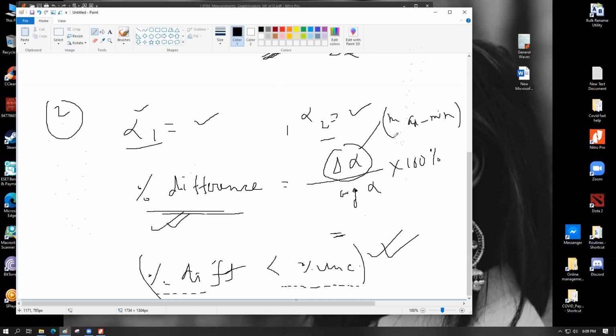If you're working with a group of more than 2 data, then to calculate the percent difference, the numerator delta alpha should represent the maximum minus minimum of those values, and the denominator should represent the average of all of those values. Average should not be done by only 2 of those. If you have 6 values, then delta alpha should be the difference of the biggest minus the smallest, whereas on the denominator side, you have to write alpha 1 plus alpha 2 plus alpha 3 plus alpha 4 plus alpha 5 plus alpha 6 divided by 6. That's how we go for it.